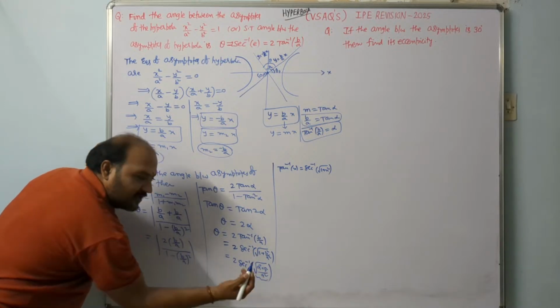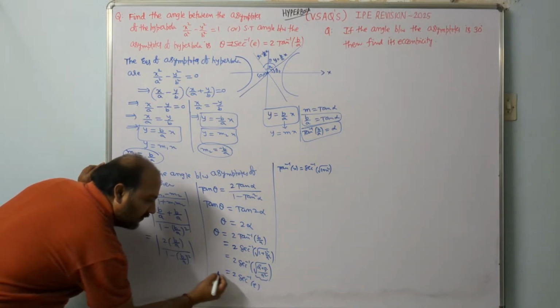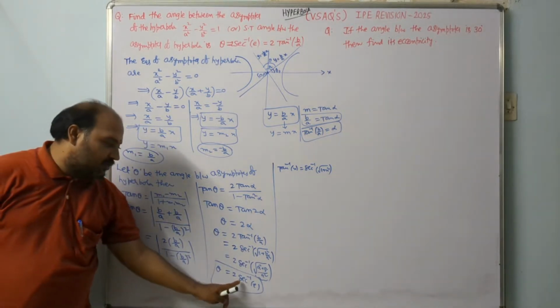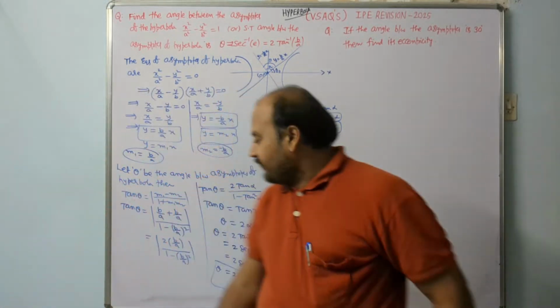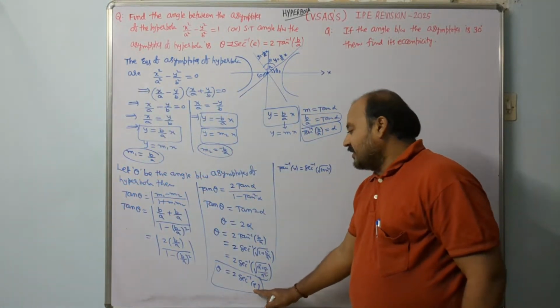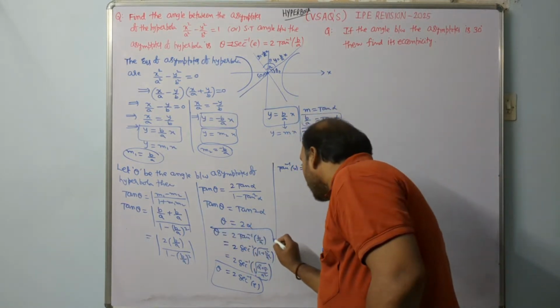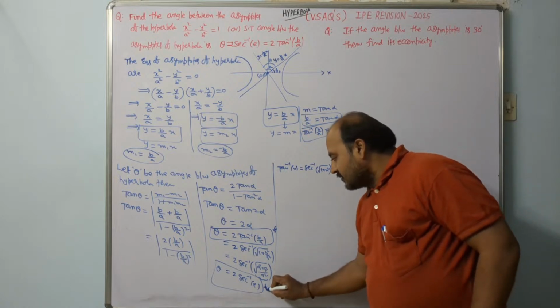This value is eccentricity only. So 2 into secant inverse of e. So therefore the angle between two asymptotes is 2 secant inverse of e as well. This is eccentricity also. So based on this formula only, we have a question, dear students. So this is an important point.